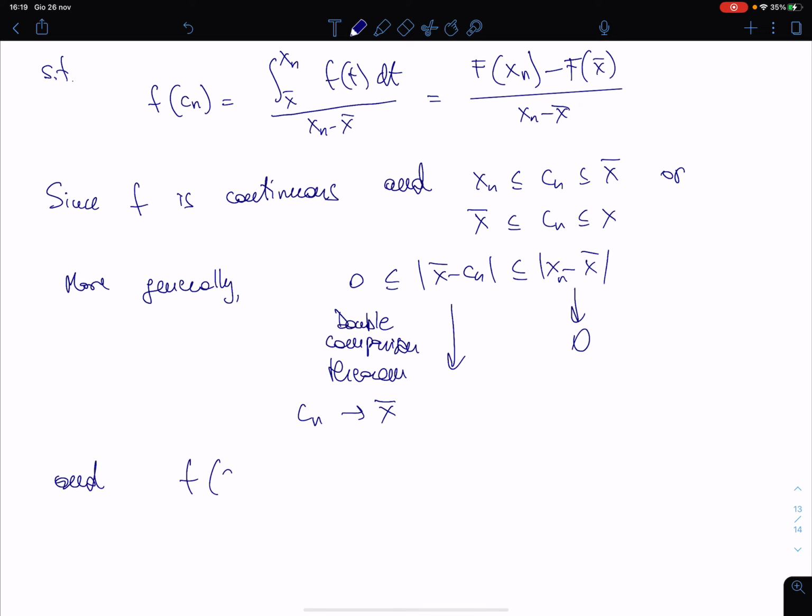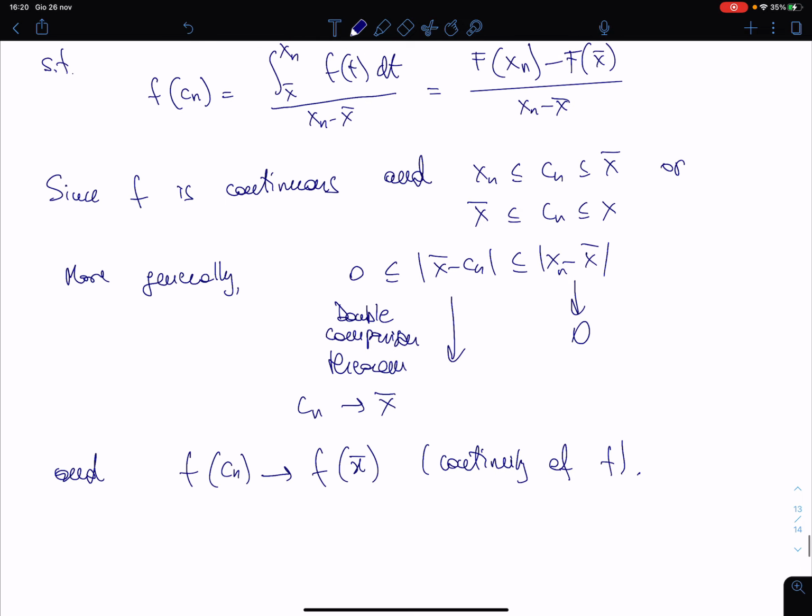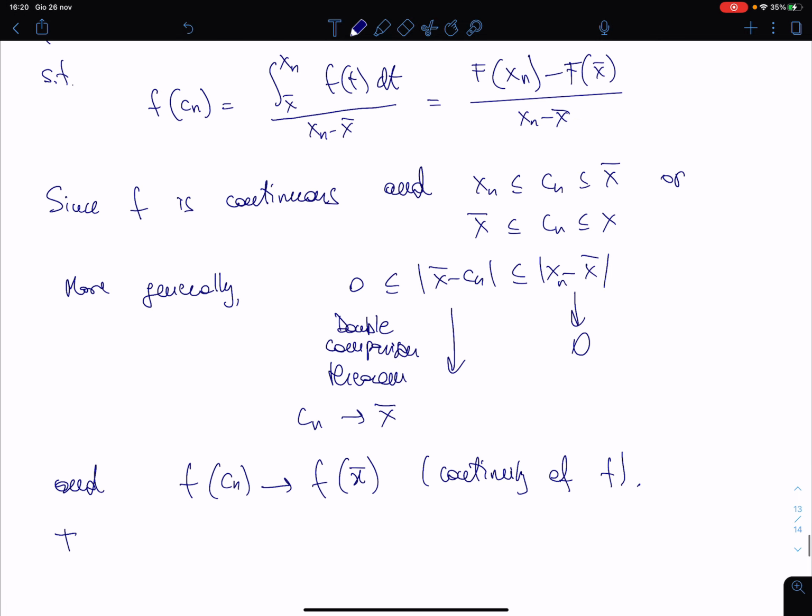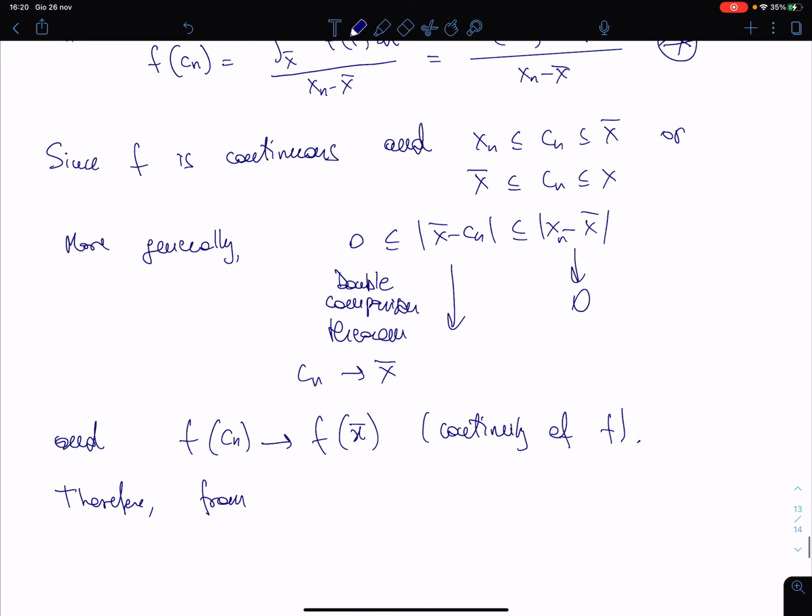and f of Cn goes to f of x bar by continuity of f again. Therefore, from the relationship asterisk, we take the limit for n going to plus infinity.